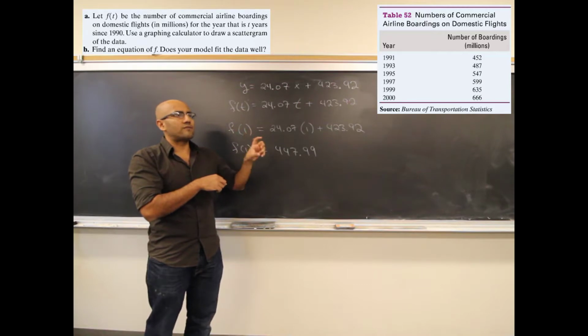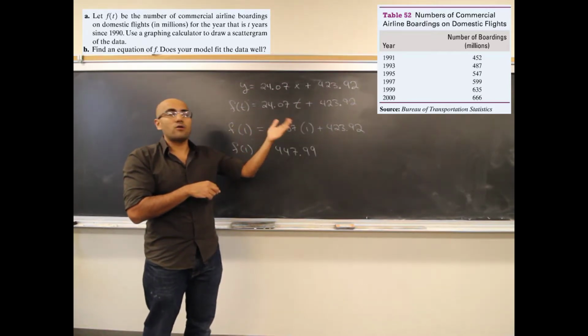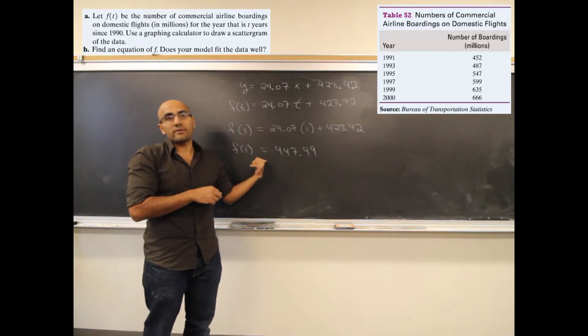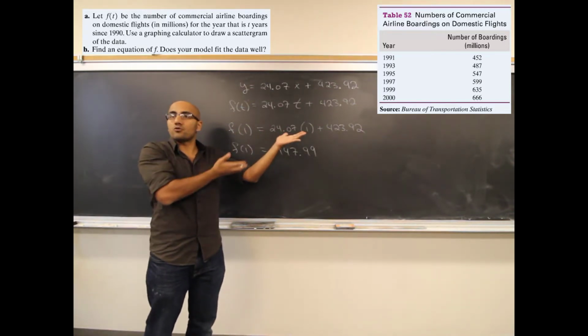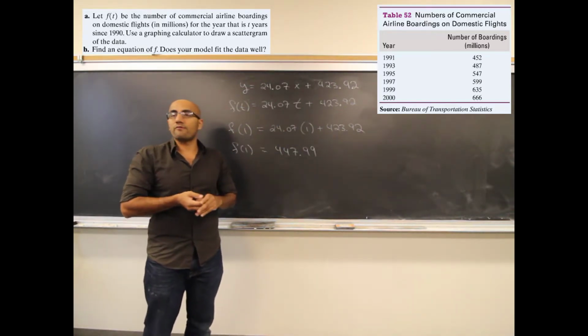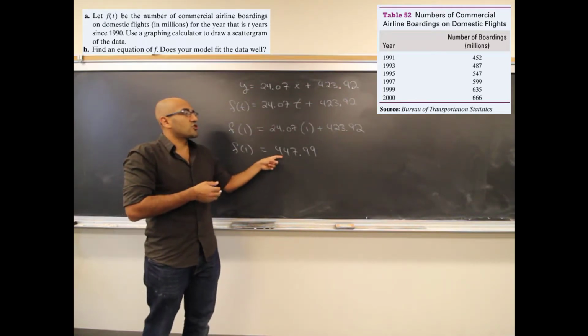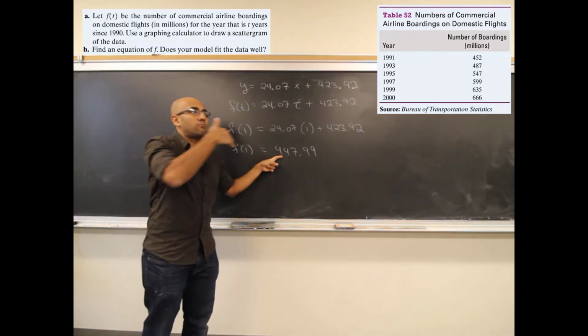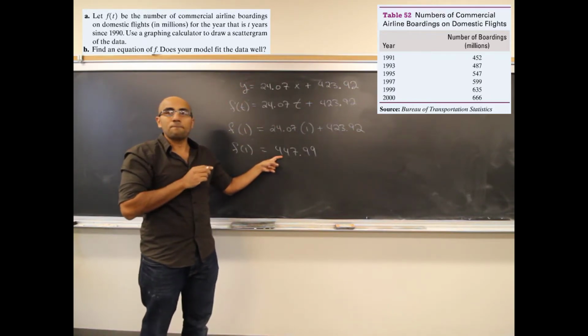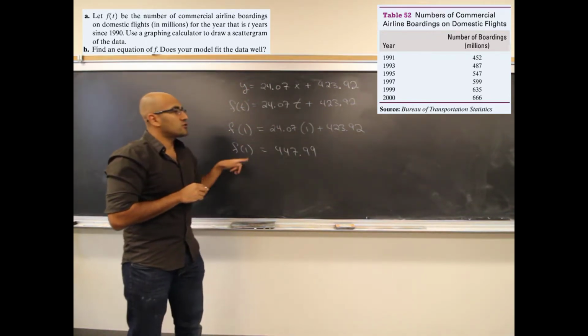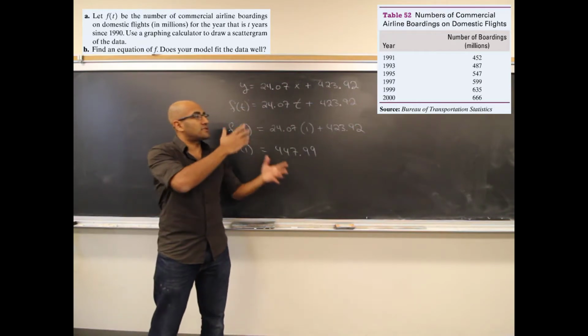The residual is the difference between the actual amount and the estimated amount. This is our estimated amount. If you're asked to pick one, you'd go with the actual amount. We know the real answer was 452 million boardings. This is just a guess based on the pattern in all the information.